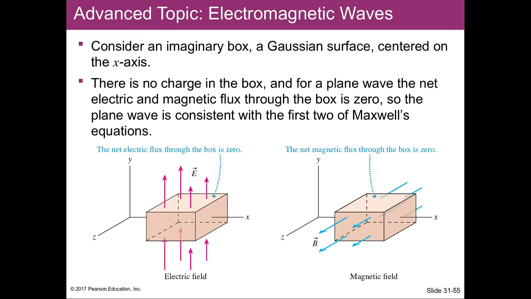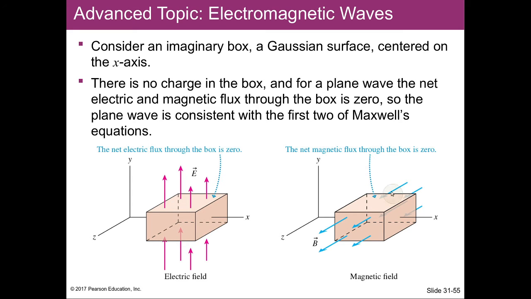Let's first consider a Gaussian box around some region of space with the faces of the box aligning with the principal axes of our coordinate system. Well, then it's easy enough to see that the electric flux through the box must be zero. Any electric field coming in from below exits above, and moving to the right along the x-axis we may have a different value of the electric field, but again any field line entering also leaves.